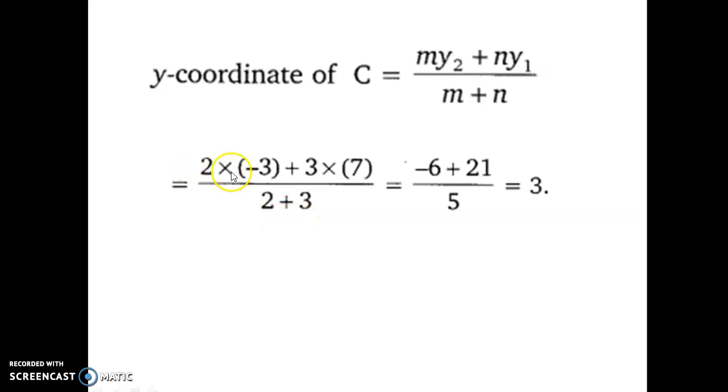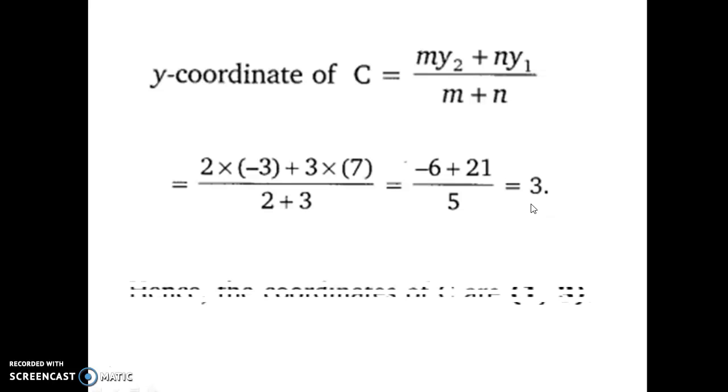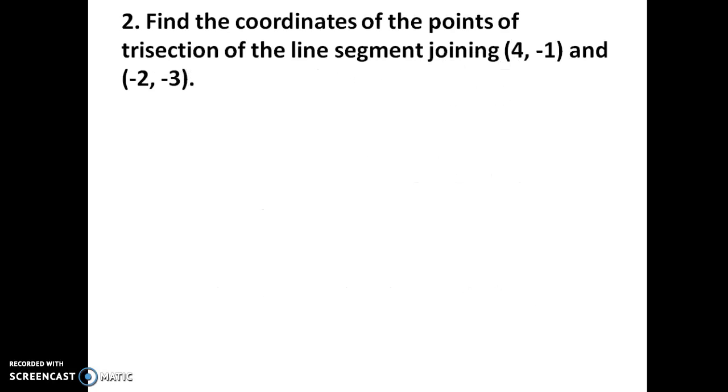So 2 into -3 is -6, then 3 into 7 is 21, divided by 5. So you will get 15 by 5, that is equal to 3. So (1, 3) is the coordinates of C.